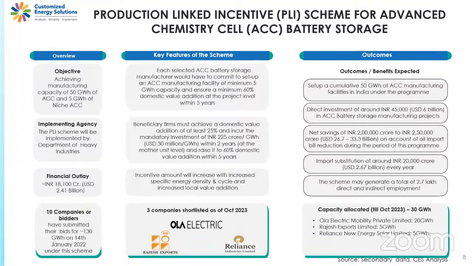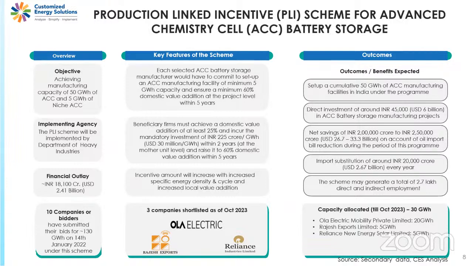This had a budget outlay of 18,100 crore, and 10 companies bid under this, out of which 4 companies actually got selected: Ola Electric, Rajesh Exports, Reliance Industries Limited, and the 4th company was Hyundai Global Motors.